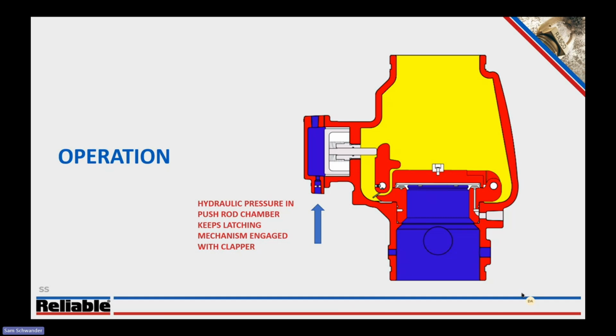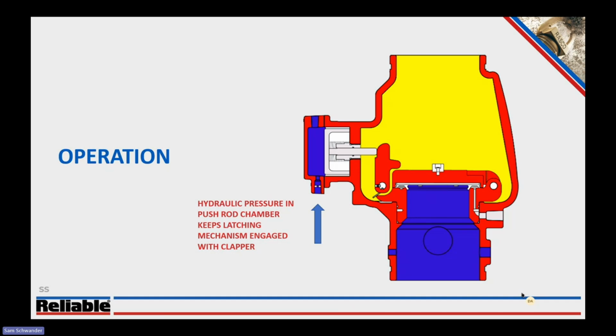Downstream, at the outlet of the push rod chamber, we pipe to some kind of actuation device, and that varies depending on the type of system, whether it's dry, deluge, or pre-action. When we set the system, the actuation device is closed, which allows the hydraulic pressure in the push rod chamber to build and set the system.